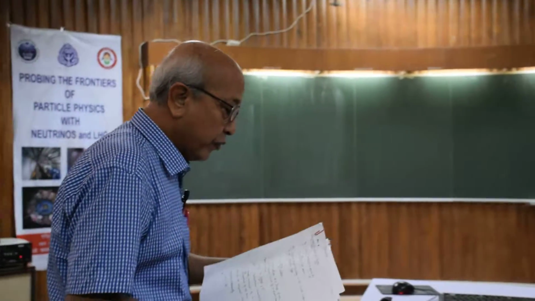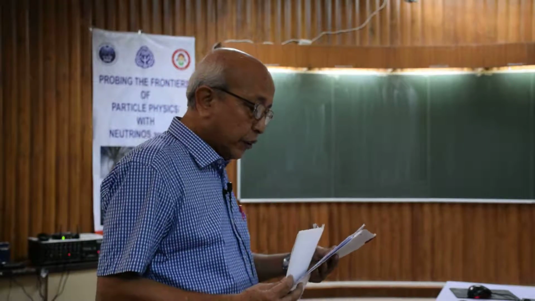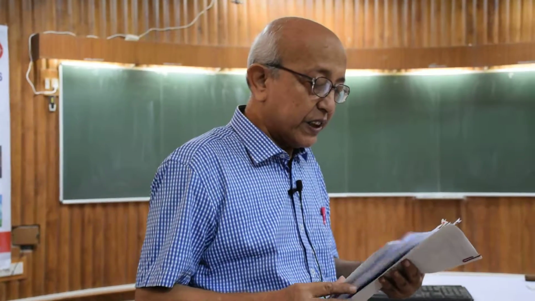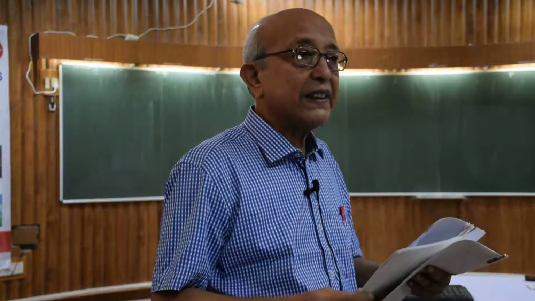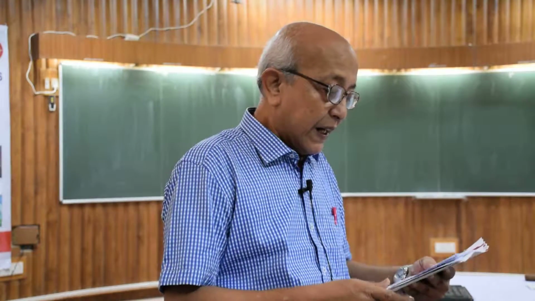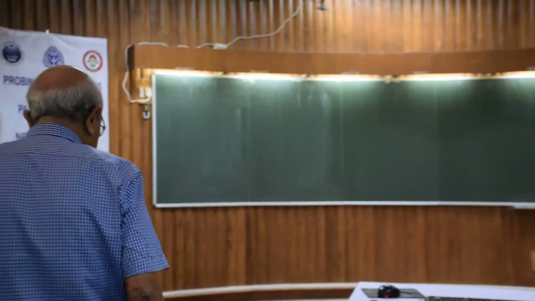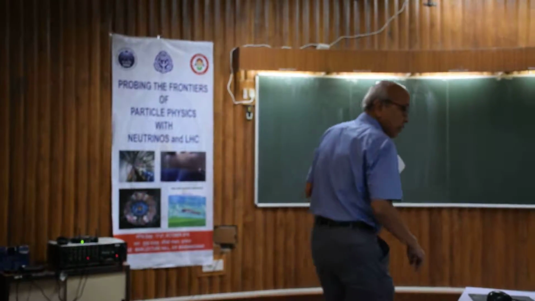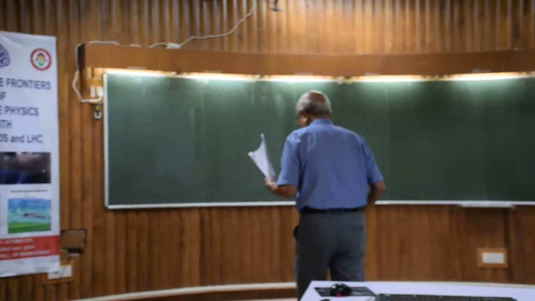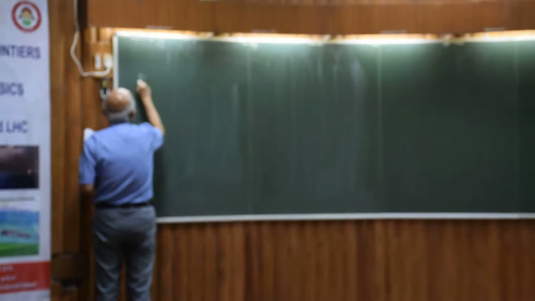But before going to the Parton model, I thought I will summarize the salient points of what we learned yesterday, and let me quickly go through it. The first thing we learned, which would be useful for the beginners: suppose I consider a decay.